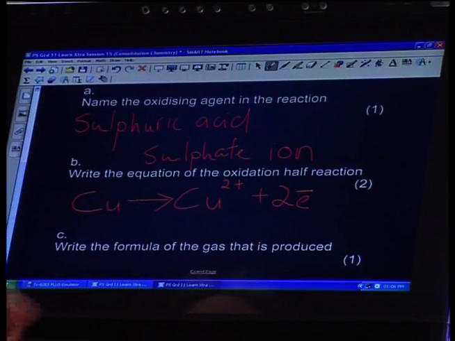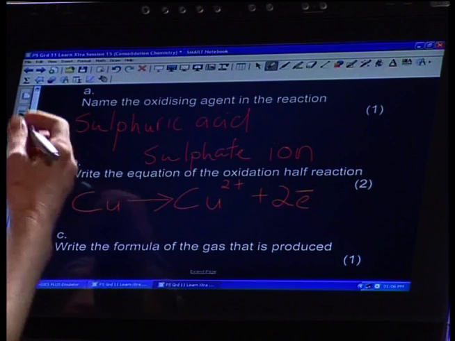Well, firstly, I've said that an acid is usually an oxidizing agent, meaning that the acid will actually get reduced. The other thing is, copper in its elemental form cannot be reduced. It can be reduced if it's copper 2 plus. It can be reduced back to copper. But if it's already at 0, you cannot reduce the copper. So that is how I knew copper going to copper 2 plus plus 2 electrons.